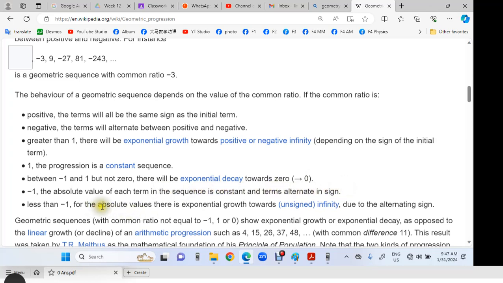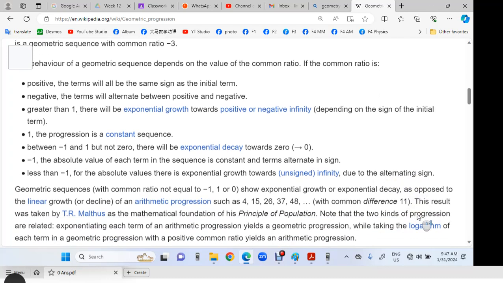Less than negative 1, for the absolute value, there will be an exponential growth toward infinity due to the alternating sign. Okay. A GP with common ratio not equal to negative 1, 1 or 0 shows exponential growth or exponential decline. Okay.